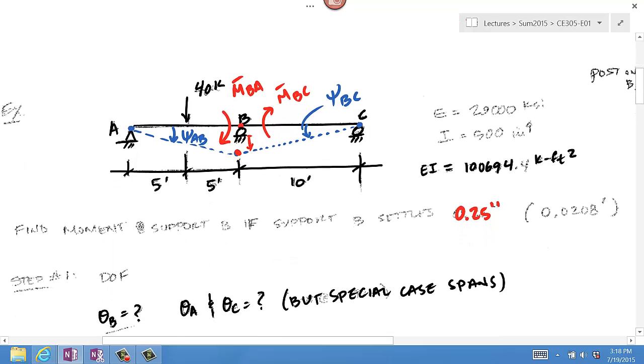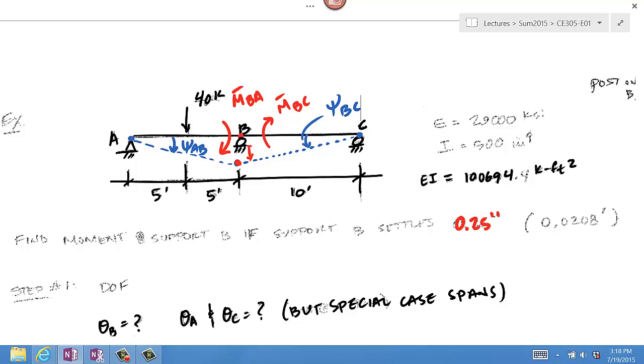The next thing to note is that psi AB rotates in the clockwise direction, therefore it's going to be a positive number. And the value is basically 1/4 inches, which is 0.0208 feet, divided by the total span length. So psi AB is 0.0208 divided by 10 feet, which is the total span length.